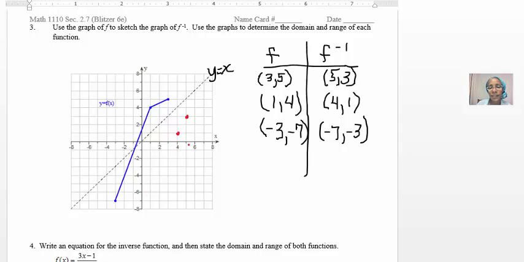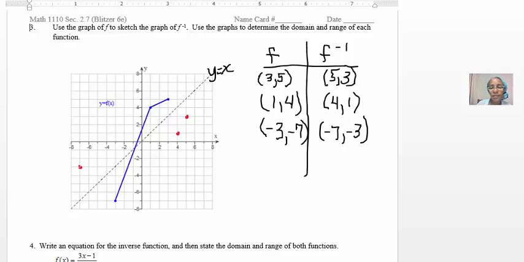And then let's plot the point (-7, -3). I'm sorry, I'm thinking backwards there.